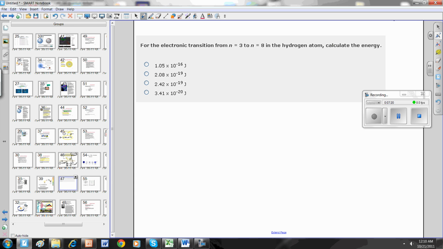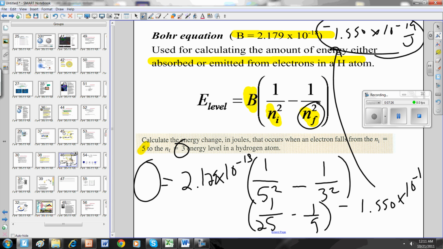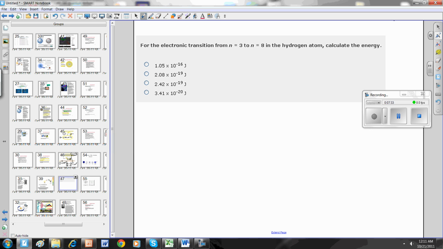their electronic transition from n = 3 to n = 8. So the initial value is going to be, go back to the regular equation, initial goes on this side, final goes on this side. So when you go to set it up, now it's absorbing, but it's the same idea. 1 over 3 squared, the initial, minus 1 over 8 squared.